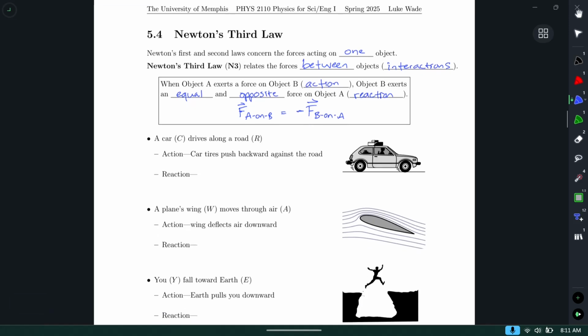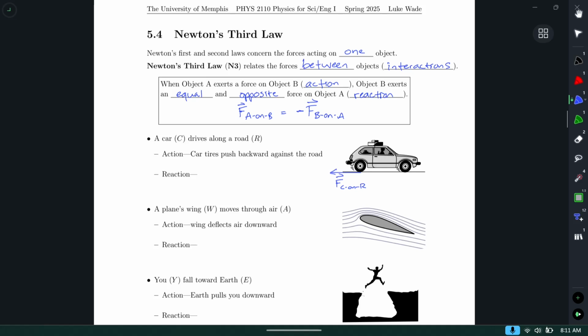All right, so we're going to look at some cases of that get sort of increasingly upsetting. The last one, you're not going to want to say it, but it is the same rule as the first two. So let's say we've got a car driving along a road. The action is, as the tires of the car rotate, they push backward on the road. So this will be the force the car exerts on the road.